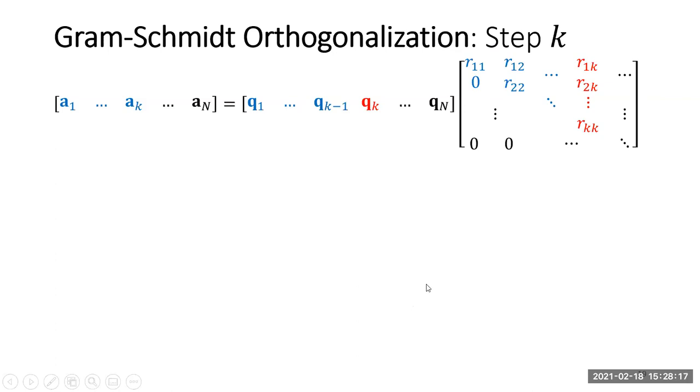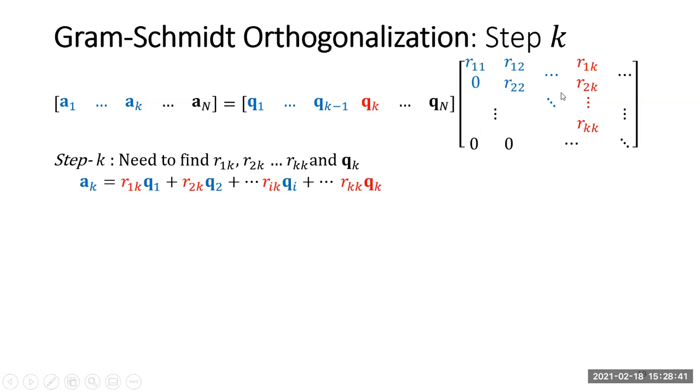And so what I have to find is this Qk here and these coefficients R1k until Rkk. So we need to find R1k, R2k until Rkk and Qk.